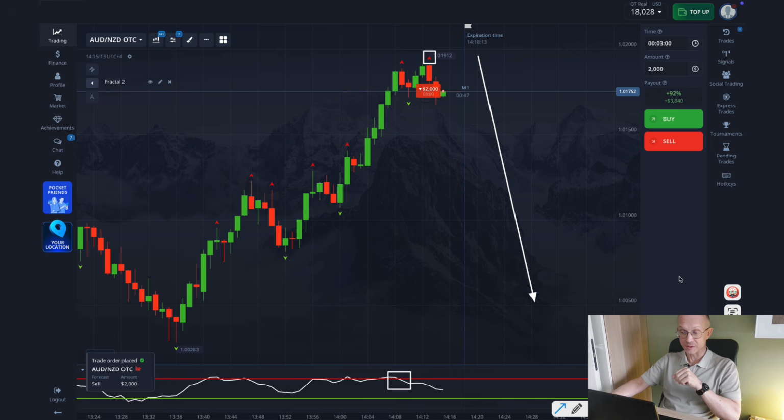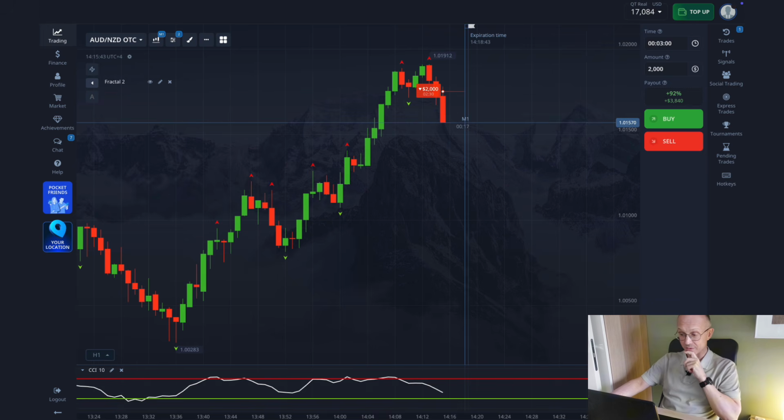A long uptrend is usually accompanied by the exhaustion of upward energy, and now that the indicators confirm the change in direction, I'm confident that the downward movement will continue. All signals point to a likely successful outcome, and I expect this downtrend to be profitable.